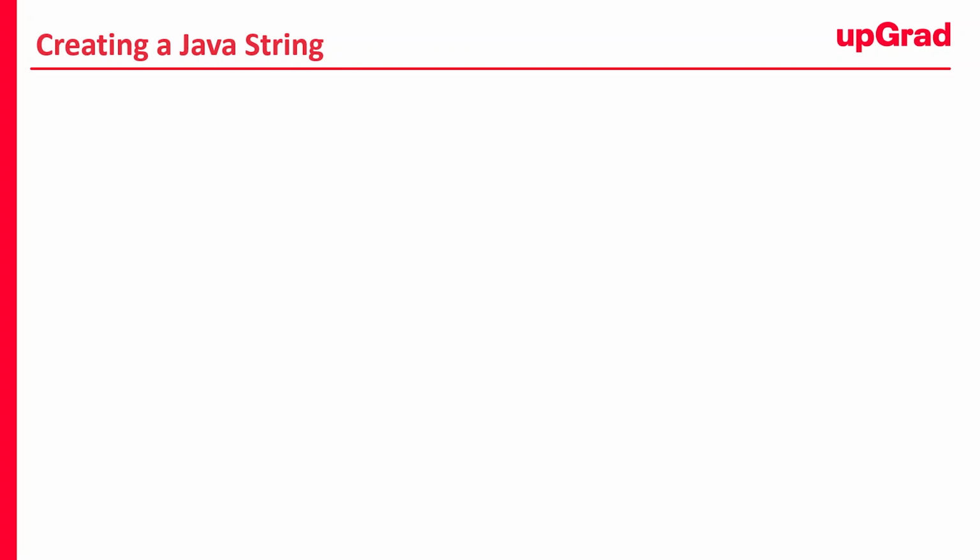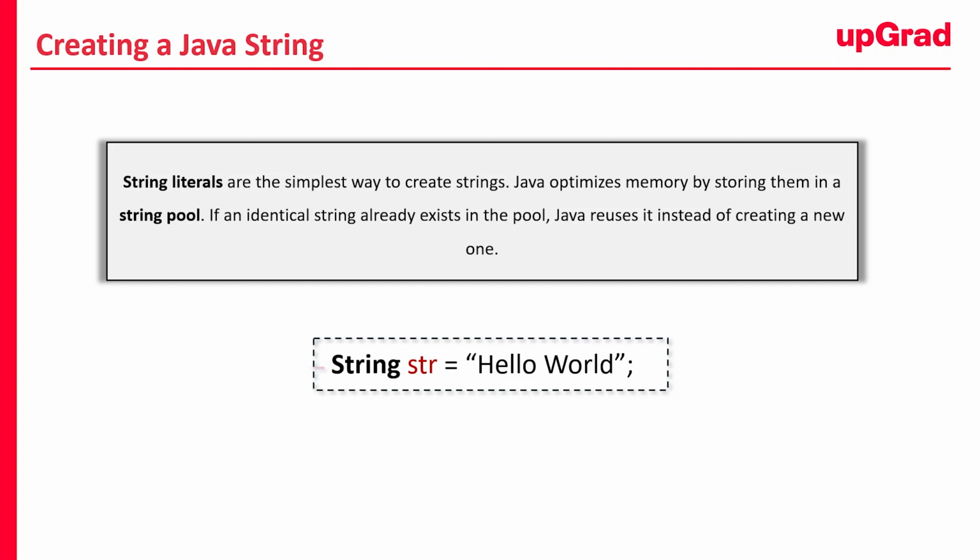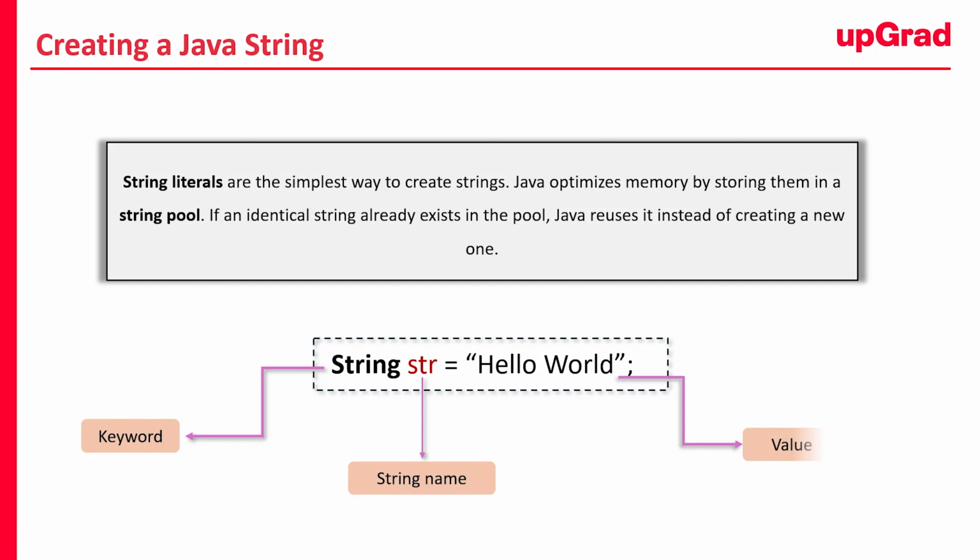So there are two primary ways to create strings in Java. That is string literal. String literal is the most common and straightforward way to create a string. When you do this, Java tries to be smart about memory usage. It places the string hello world in a special area called the string pool. Here's the cool part. If another string with the exact same value already exists in the pool, Java won't create a new one.